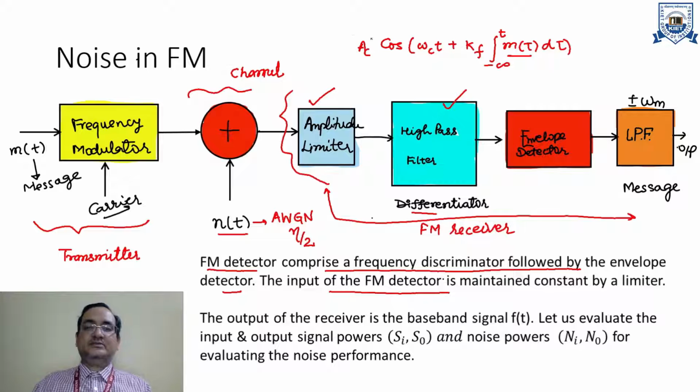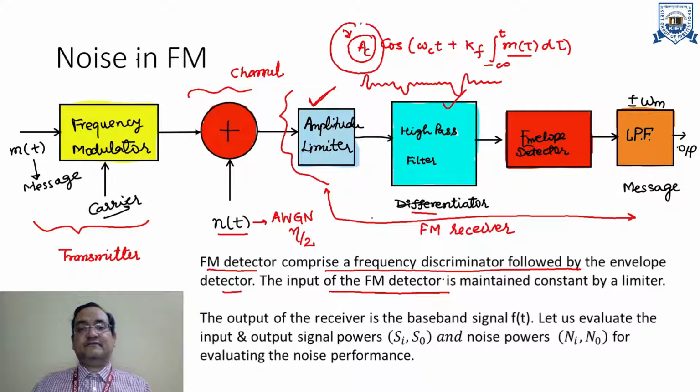Please note that AC is a constant term, so the amplitude limiter is required. Suppose noise changes this value of AC with respect to time; then its differentiation will definitely introduce noise at the output. That means we have to limit AC to a fixed value.